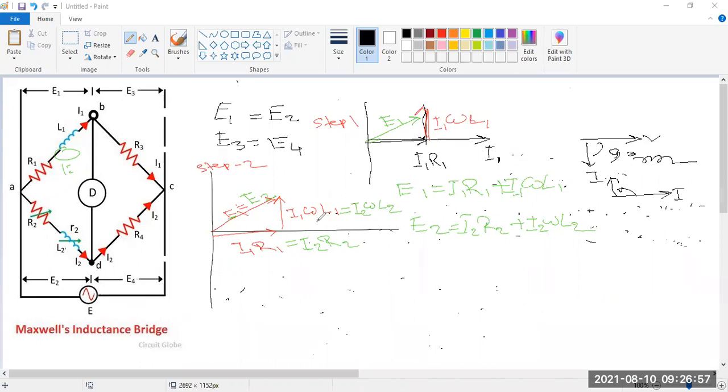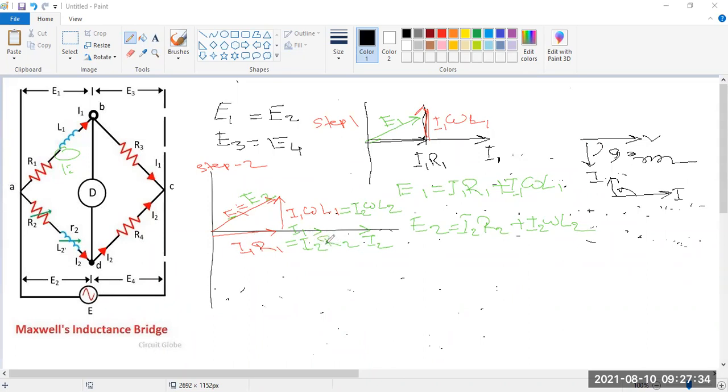This is in phase, and the magnitude of I1 and I2 depends on the value, and it may vary. Sometimes I1 is greater than I2, sometimes I1 is less than I2. But I1 R1 equal to I2 R2.